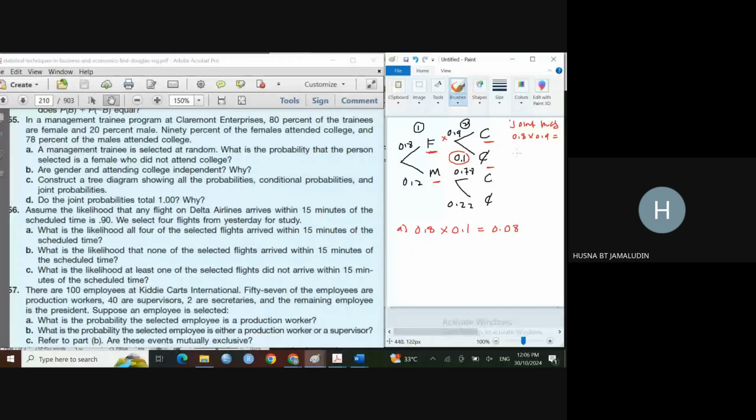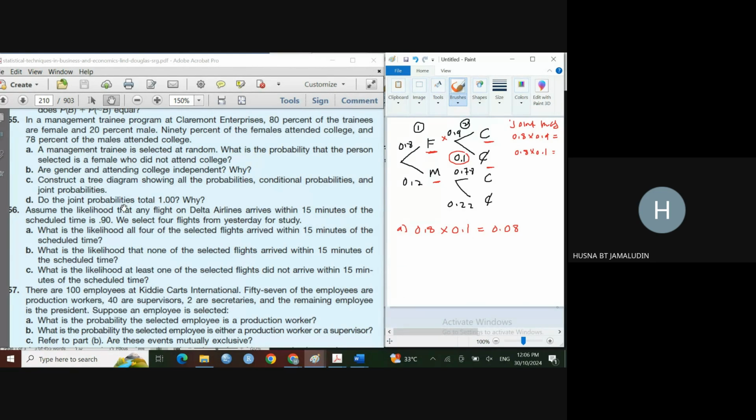And the second one, 0.8 multiplied with 0.1, then find the answer. So you have to compute the joint probability if the question asks you to construct the diagram. So you have to construct it properly in a complete form, okay?